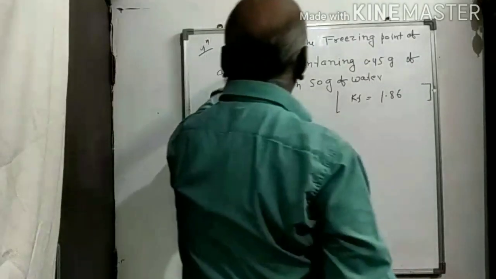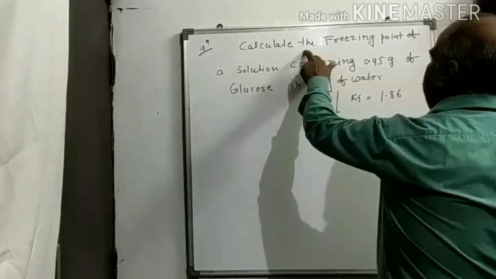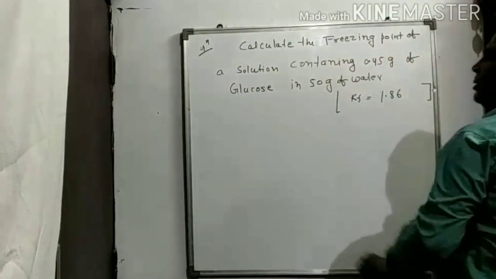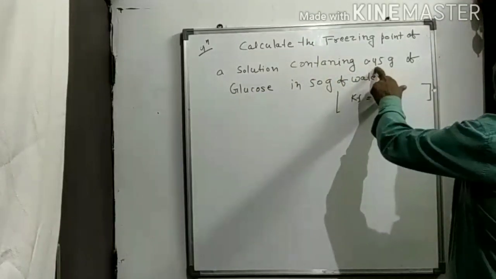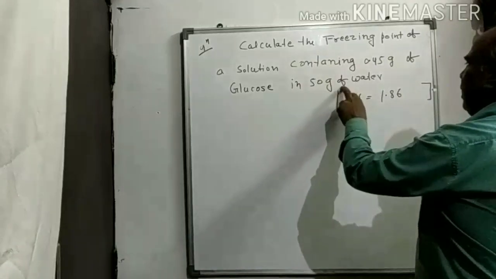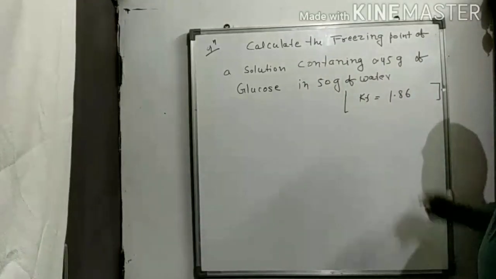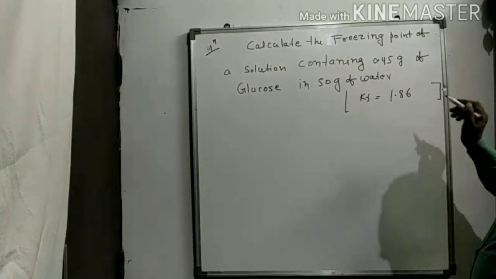Let us consider a question: calculate the freezing point of a solution containing 0.45 gram of glucose in 50 gram of water. This is the question, how to calculate the freezing point.